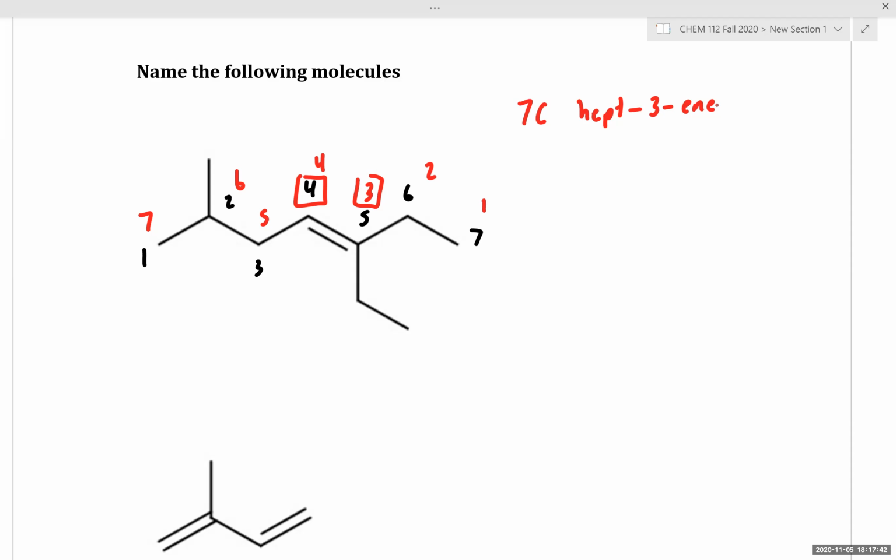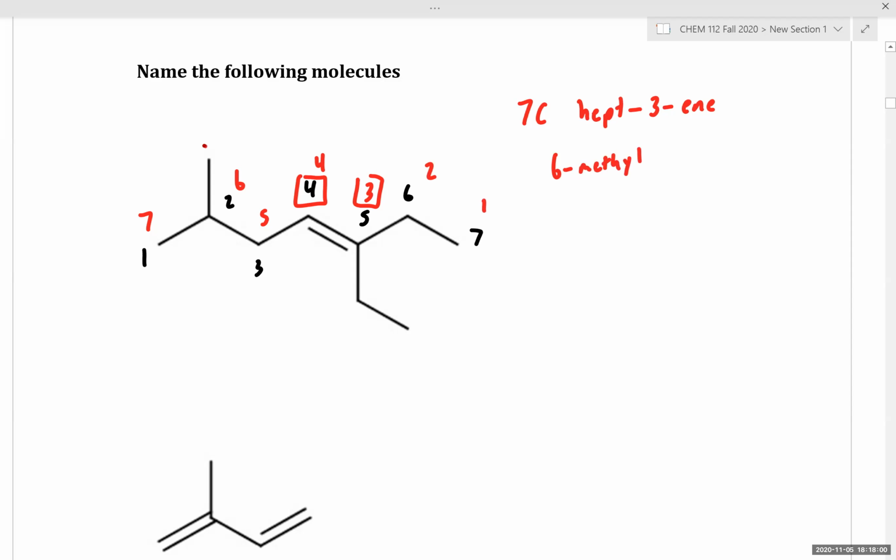So what substituents do we have? We have a methyl at the 6th position. Yep. So we have a 6-methyl group.